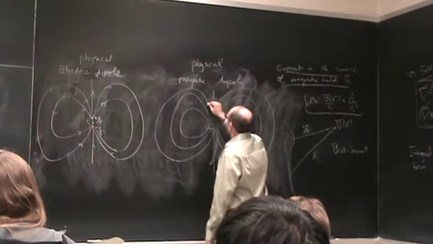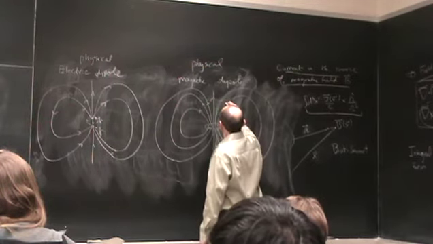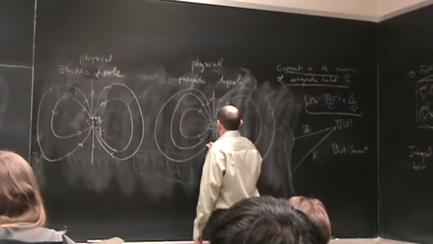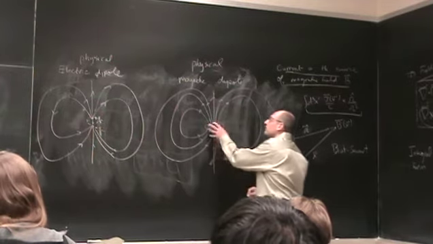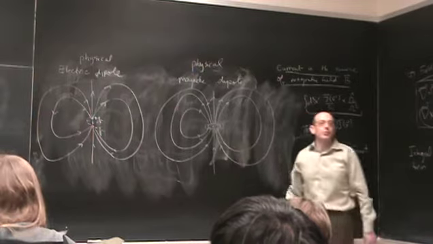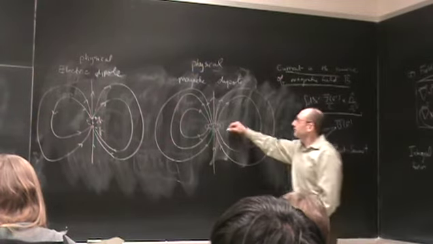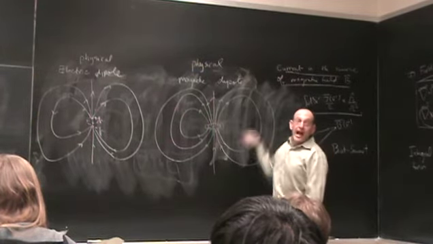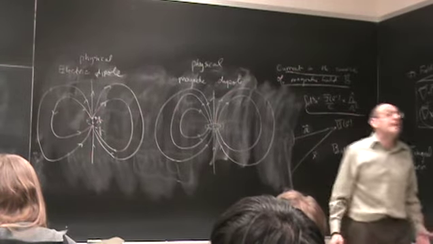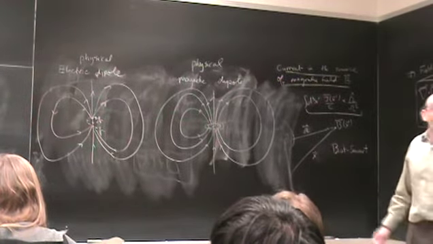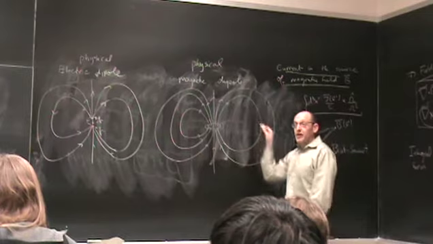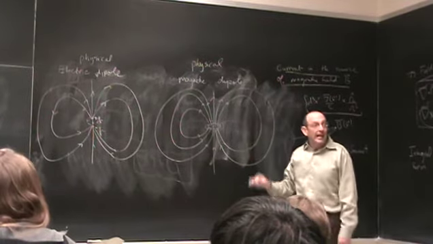Of course, these fields are dramatically different near the source. For example, this field never has a divergence because del dot B is always 0. So all the field lines never originate or terminate anywhere.